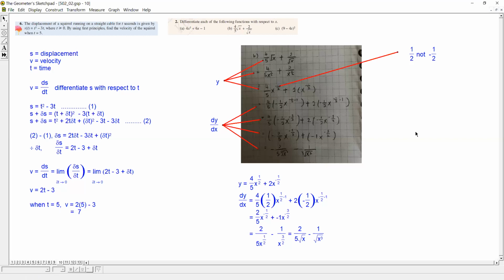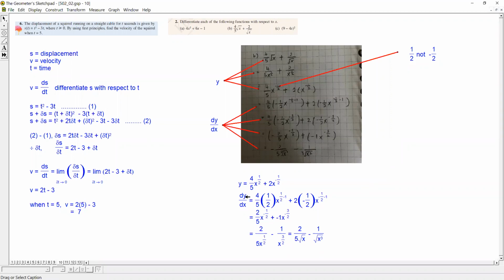So you should know that dy/dx means the change in y compared with the change in x, right? Now, if you call it x and y, you want to think of it as the gradient of the tangent, because graphically dy/dx is the gradient of the tangent.